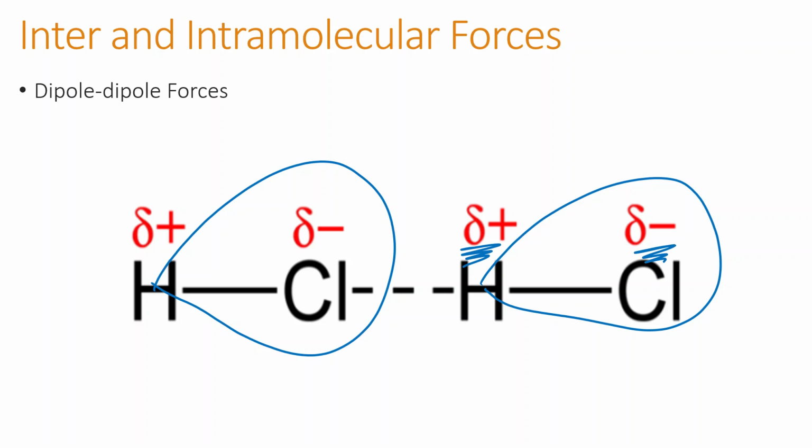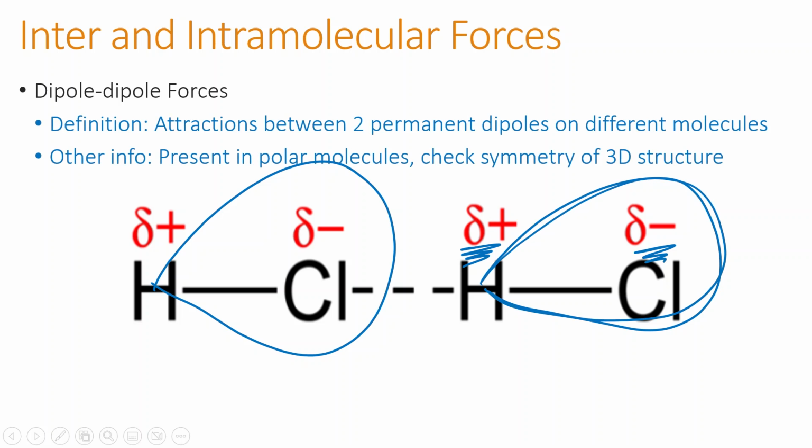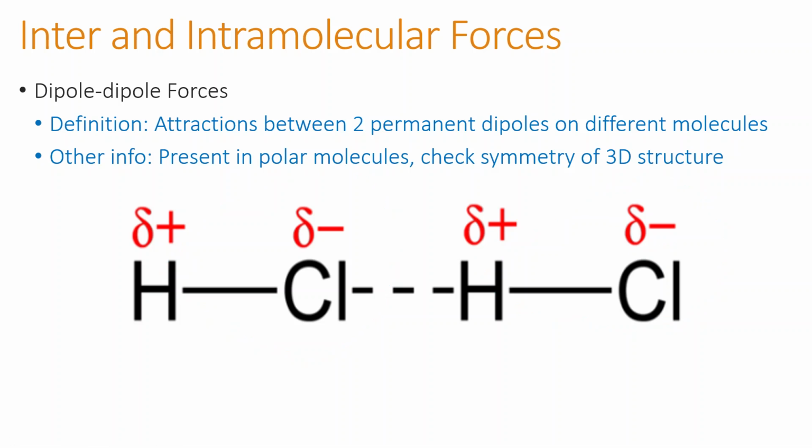The only difference here is that this is because of the different electronegativities, and so this is a permanent dipole. So that attractive force is a little bit stronger. This is going to be present in all polar molecules. And the way that you can tell if something is polar or not is by looking at its 3D shape. That's why we learned about VSEPR shapes a couple classes ago.